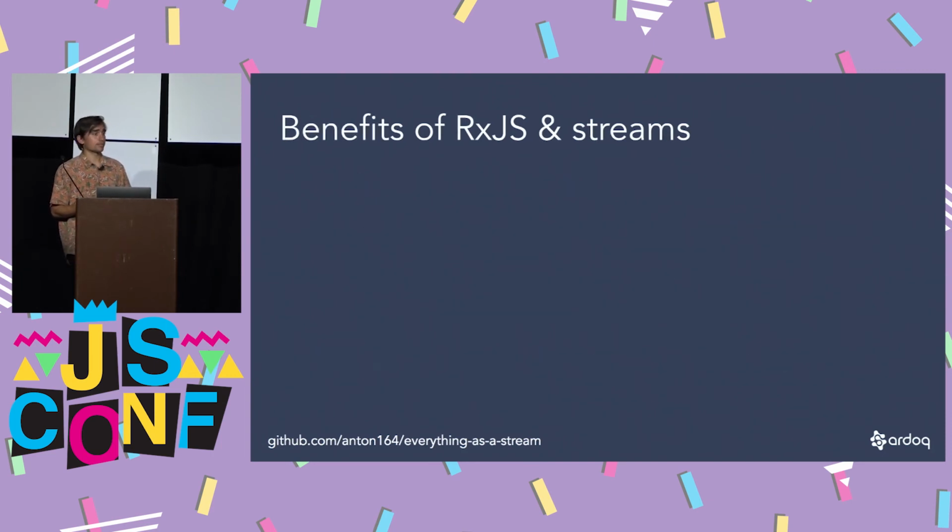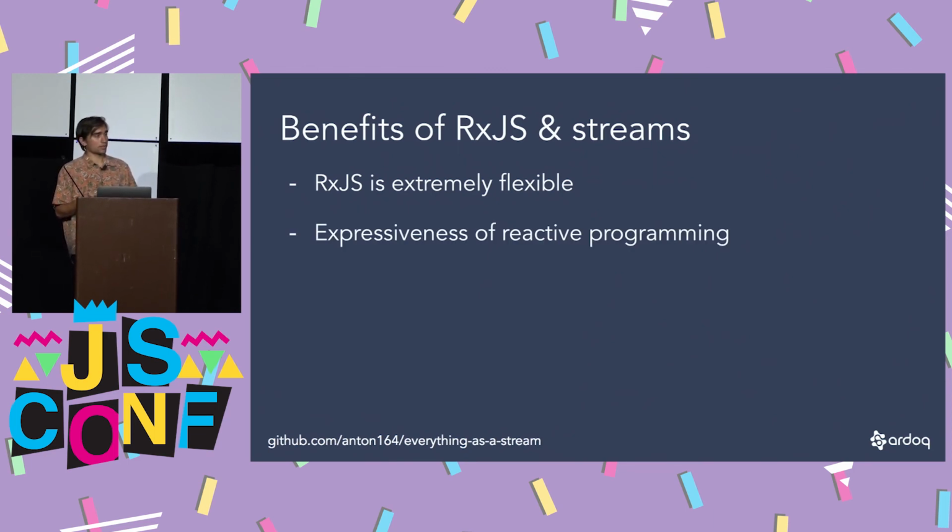And then the benefits of RxJS and streams are that it is extremely flexible. So you can do a lot of things with the operators that RxJS provides. And I think also one thing is the expressiveness of reactive programming. You can write 10 lines of code with a few operators, and that defines a fairly complicated async logic, and then it's still very easy to reason about.